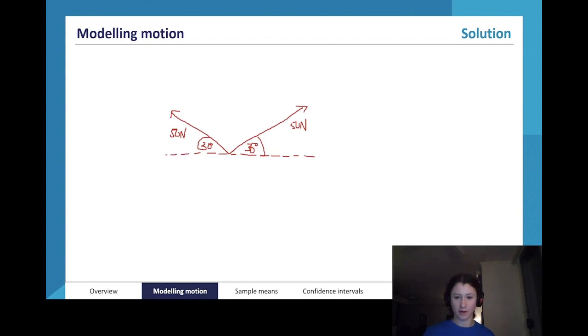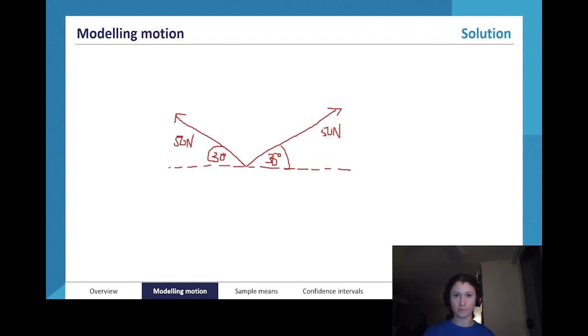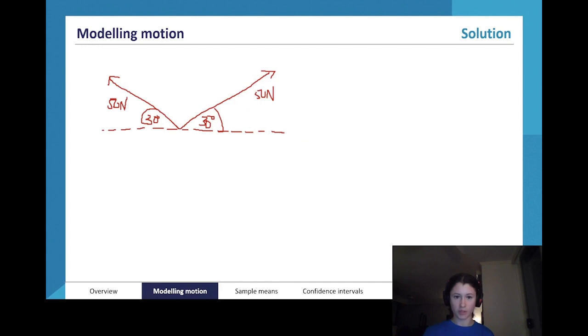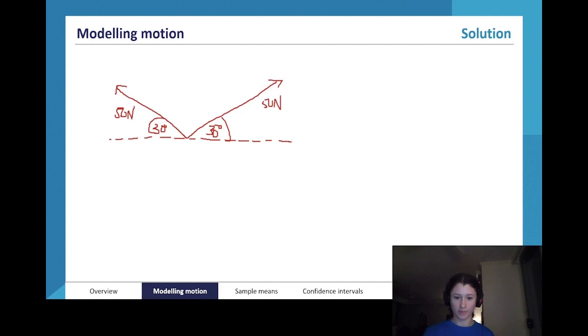Here's our diagram that I drew just before. Let's go ahead and change where the vectors are. Remember, whenever we're adding vectors to find our net force, we need to add them head to tail.